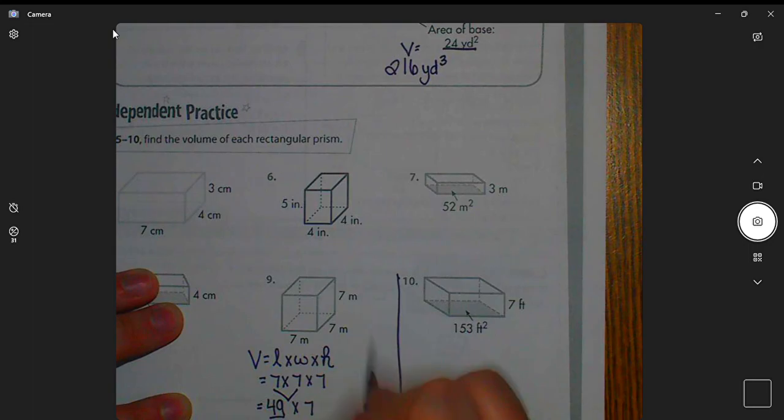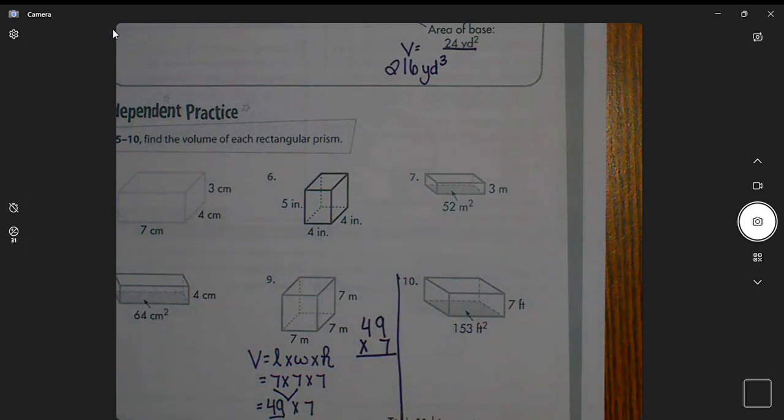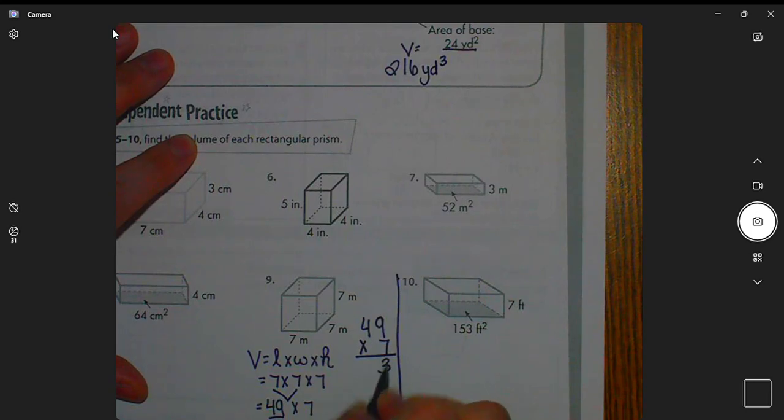I'm going to come over here to my work area. I'm going to set up a multiplication problem. When I multiply, I start in the 1s. You are so smart. What is 9 times 7? You're right. It's 63. So I put the 3, carry the 6.